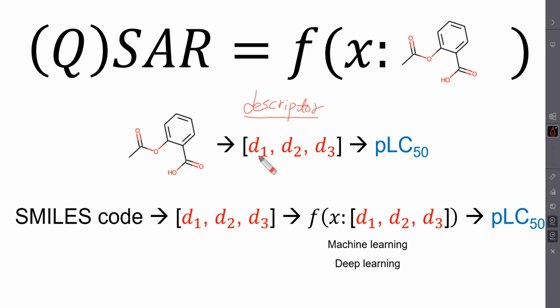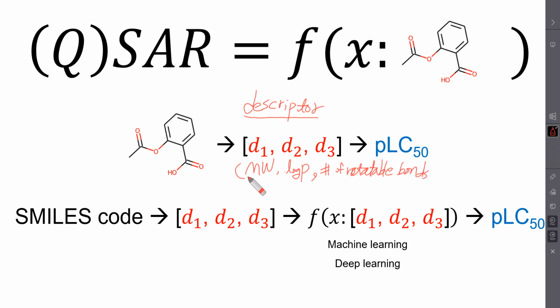In this example, I calculated 3 descriptors from the structure. It can be, for example, molecular weight, partition coefficient, or number of rotatable bonds. There are many more.